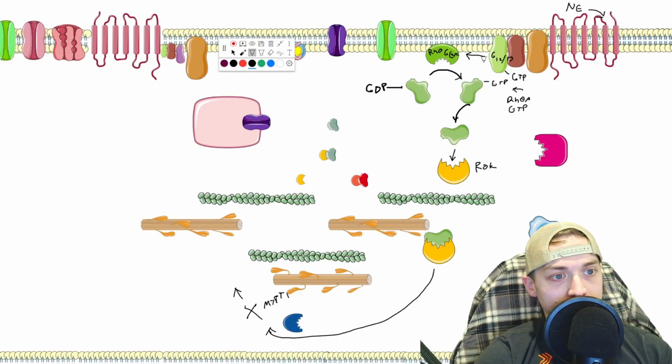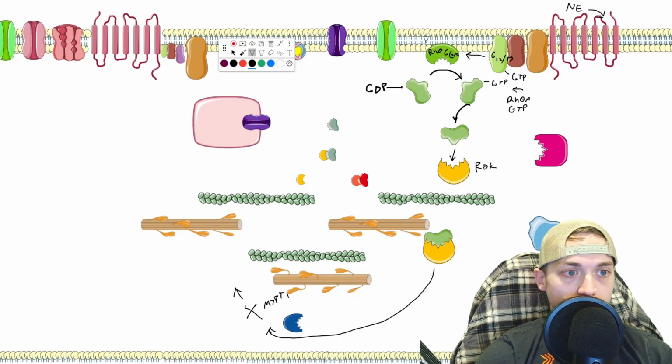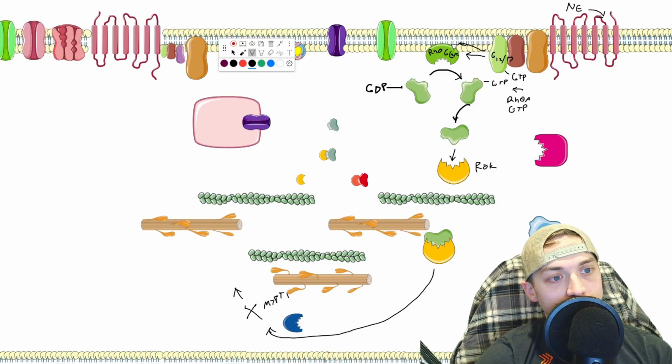Now, once it picks up a GTP, it's going to go over to this enzyme called ROGEF. Now, what ROGEF actually stands for is Rho guanine nucleotide exchange factor. Once this enzyme becomes active, it is going to cause this over here.